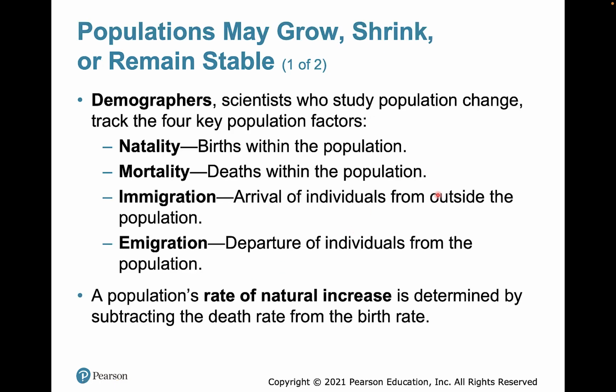We can look at how populations change. We're going to get into this more in the next unit. In another life, I want to be a demographer, where I study how populations change, and I track 4 key factors.